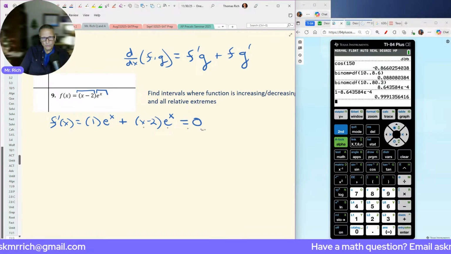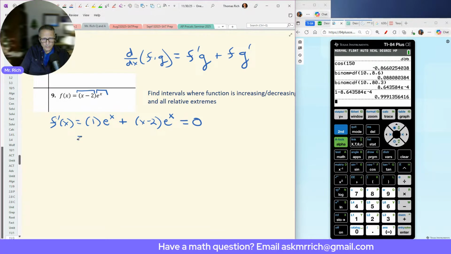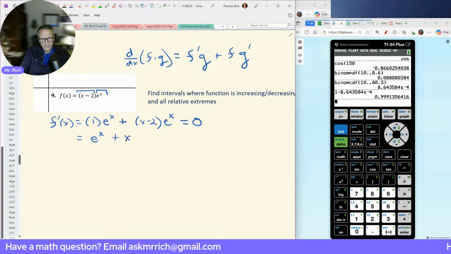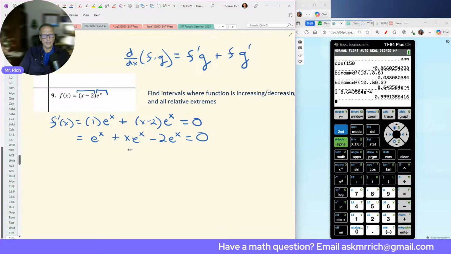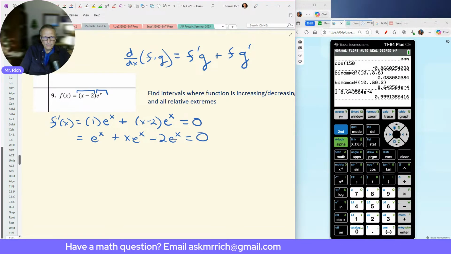So when I set the derivative equal to 0 and solve it, there are a couple of ways we could do this. Let's go ahead and distribute the e to the x there. So that would be x e to the x minus 2 e to the x equals 0. And this is a nonlinear function, so I'm going to solve it by factoring. I'm going to pull out the GCF of e to the x.